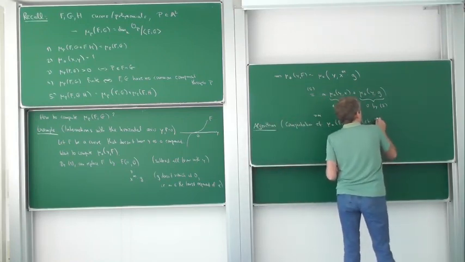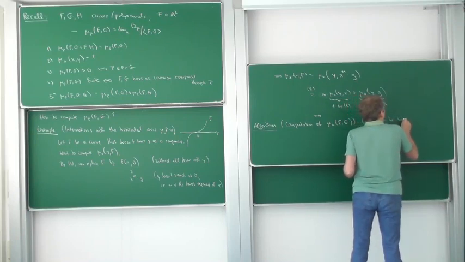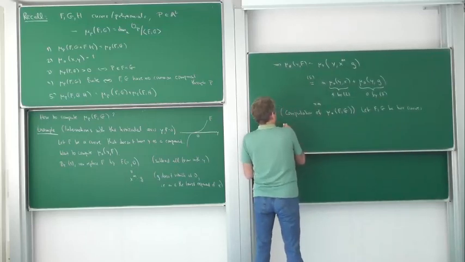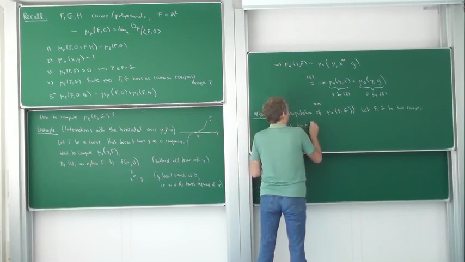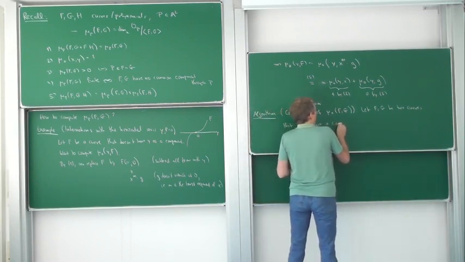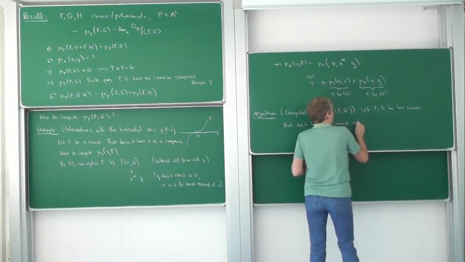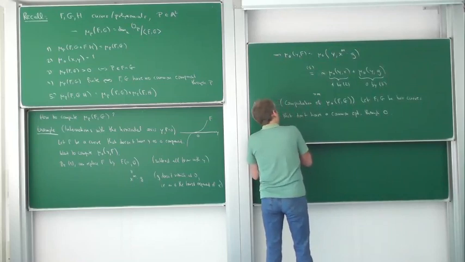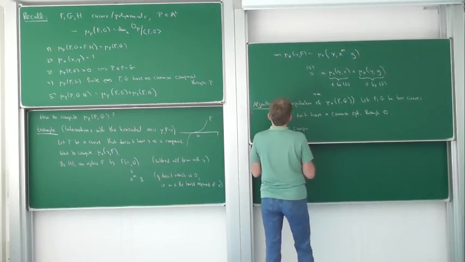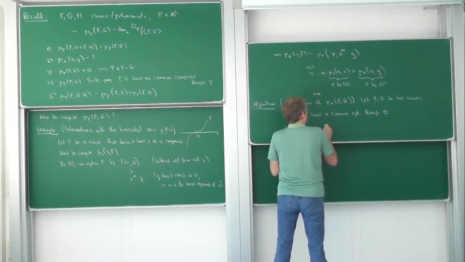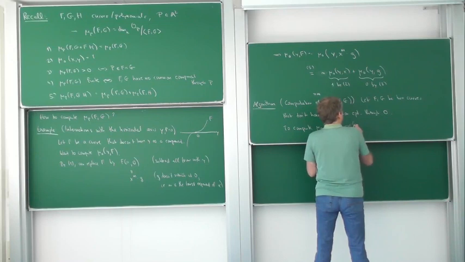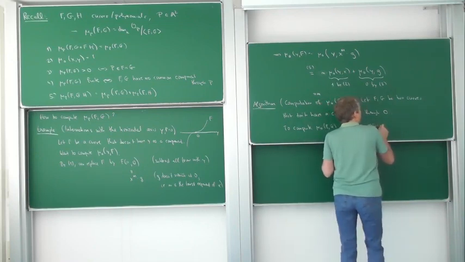So we let f and g be two curves or polynomials, doesn't matter, that do not have a common component through 0. Then to compute the intersection multiplicity, we do the following thing. So it's a recursive algorithm. So to compute mu0(f, g), we perform recursively the following steps.